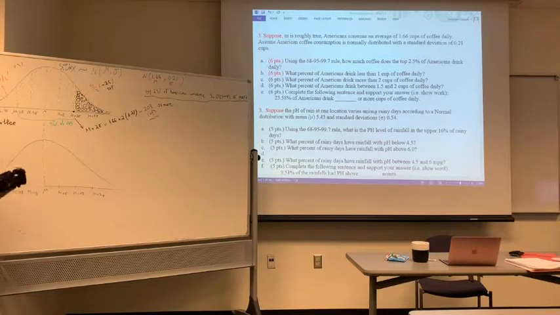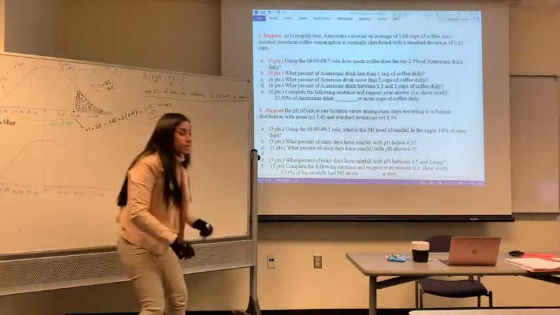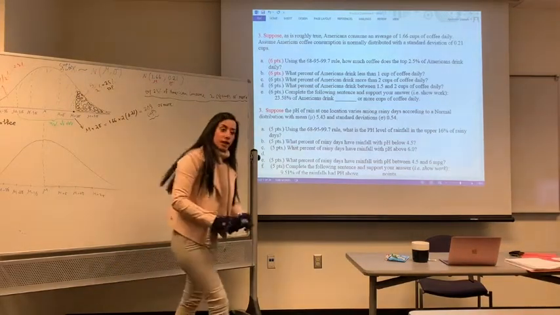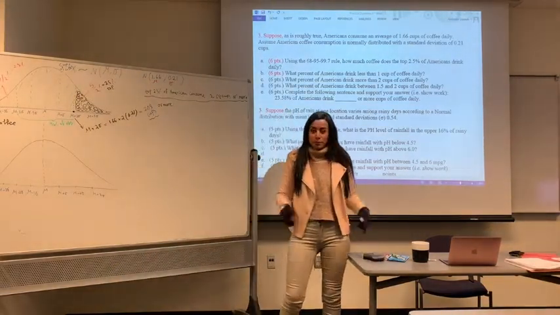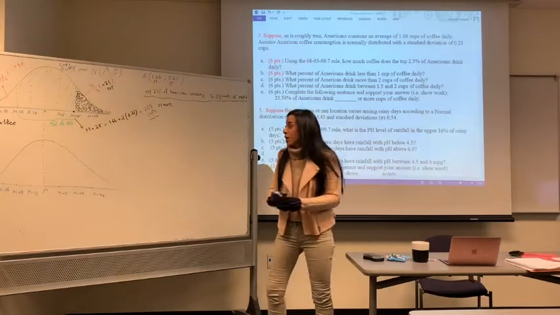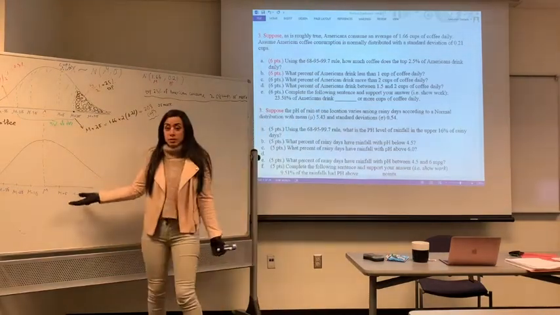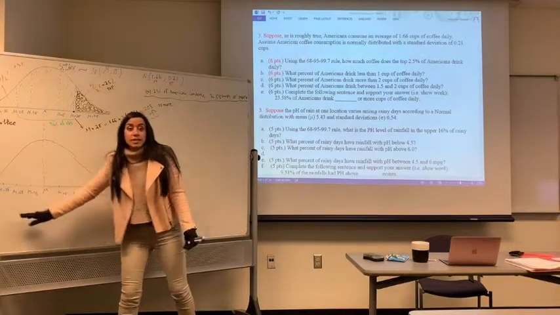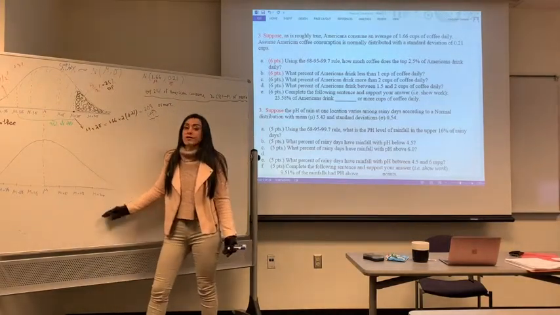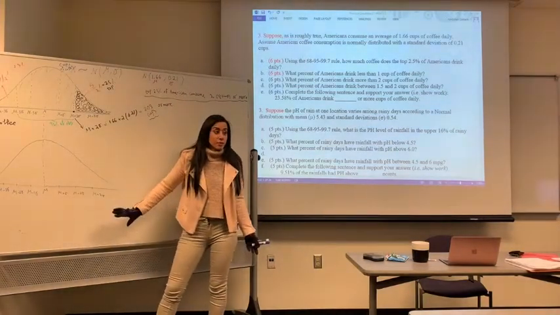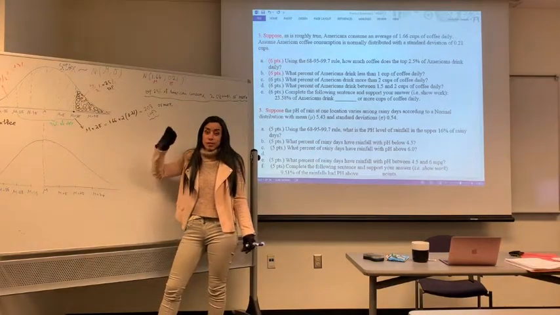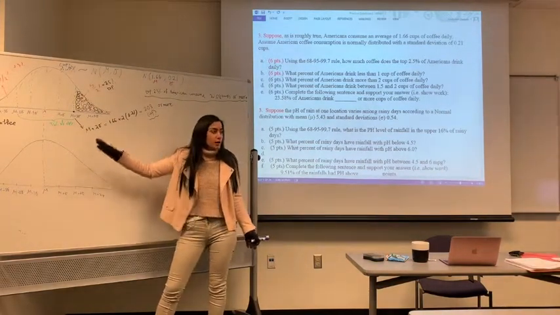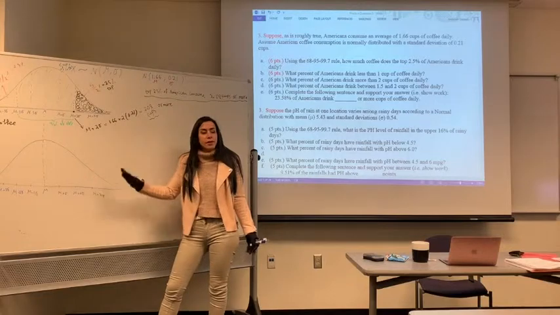Now we want to standardize each of these x values, the amount of coffee, and make a new normal distribution. Just the x-axis will change because everything else will stay the same: the shape of the normal distribution, the portions of area under the normal curve, everything is the same.